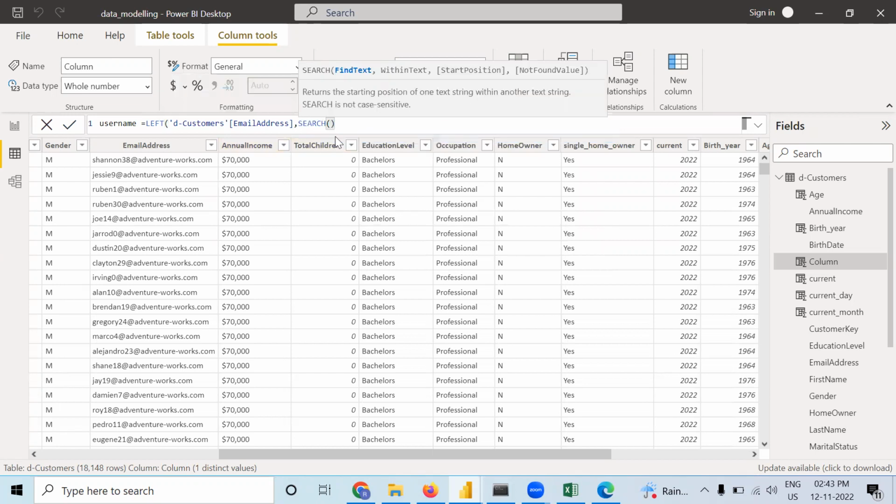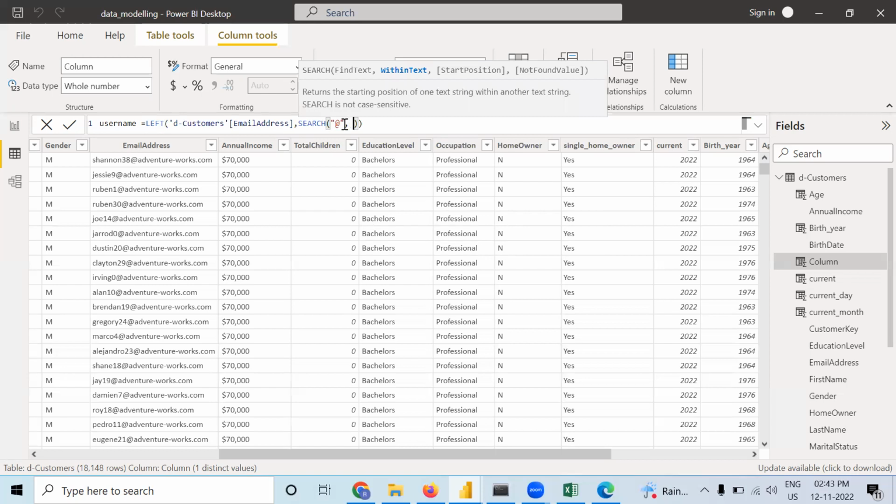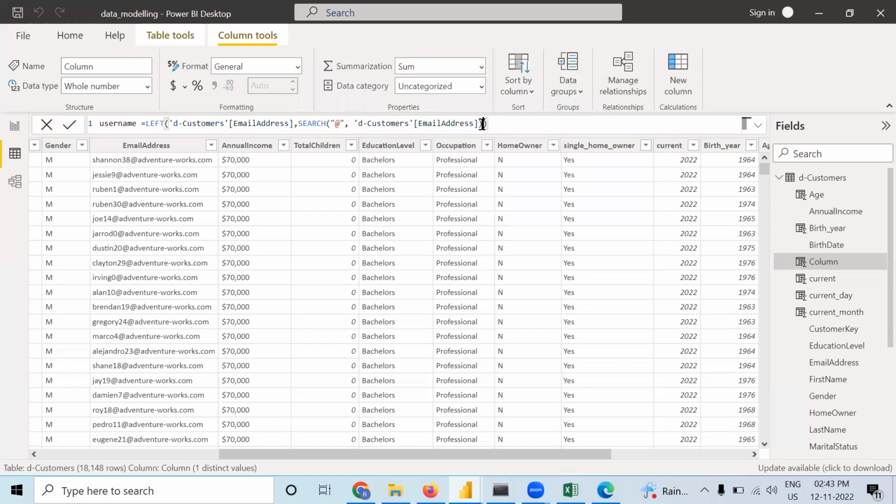I'm using this, and I put the particular symbol I want to find, and then the column name, because I have to search for it in this particular column, that is email. So I have searched for this particular position. Instead of a fixed number, I am taking the position of it, right?